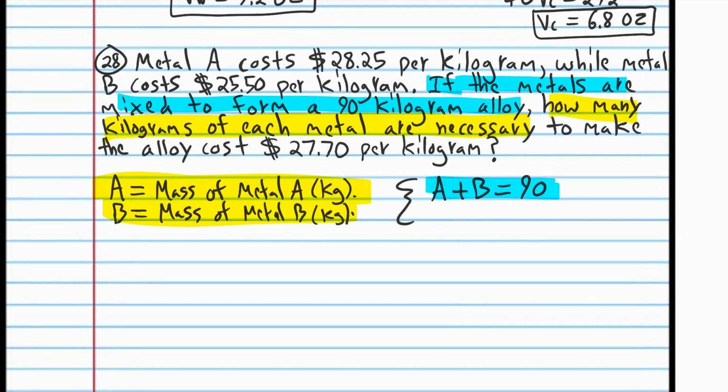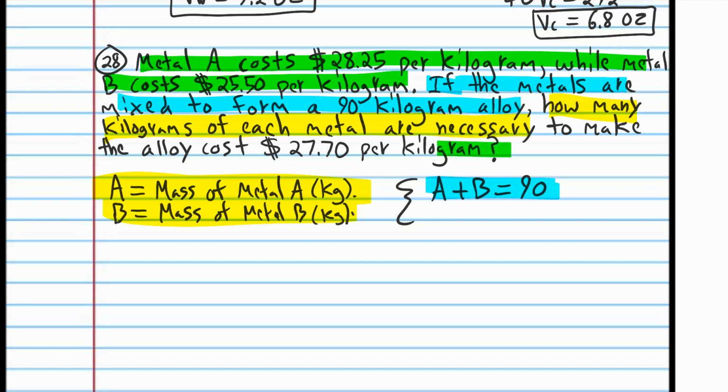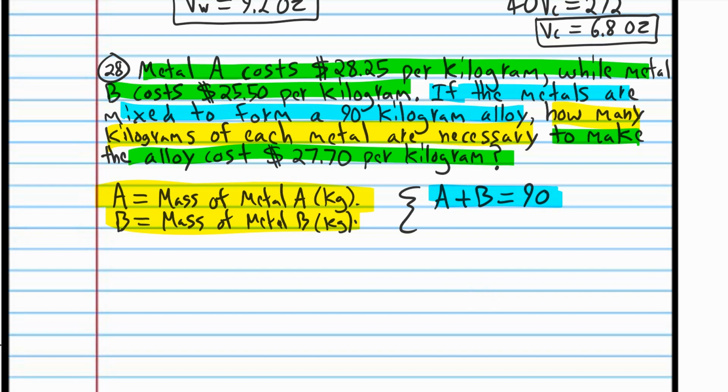Metal A costs and so on and so forth, so I need the rest of the information. We take the number of kilograms of metal A and multiply it by the price per kilogram.